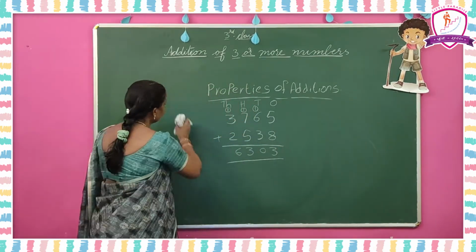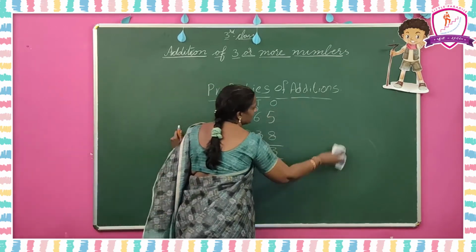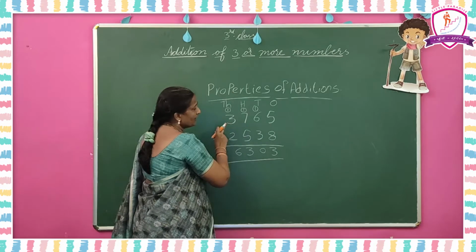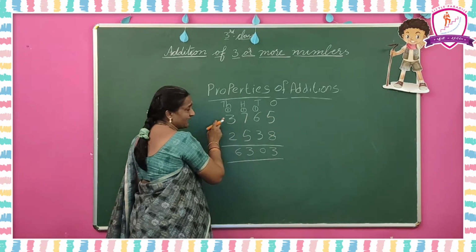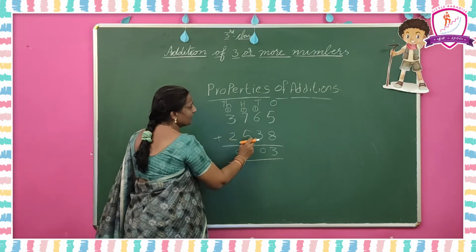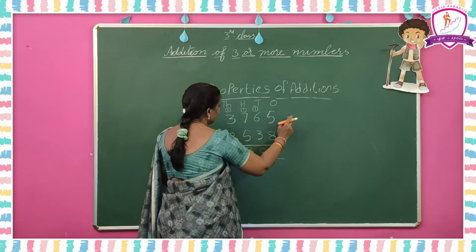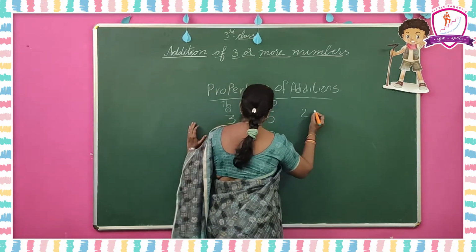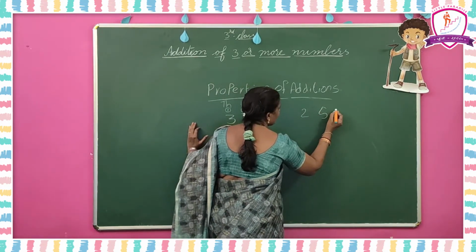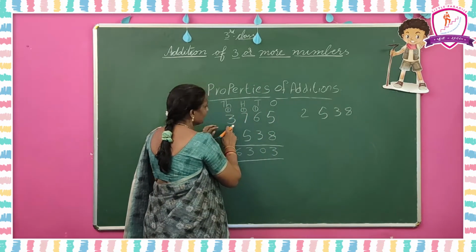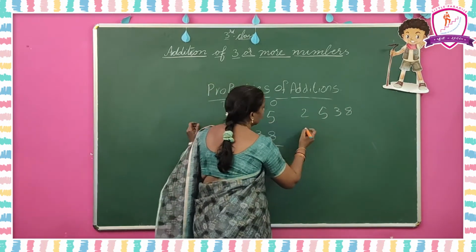What happens if we change the order of the numbers? Here we wrote the first number as 3,765 and second number as 2,538. Now I write first number as 2,538 and the second number as 3,765.